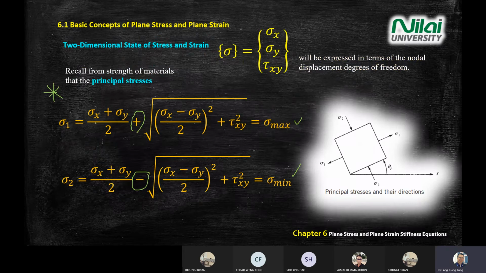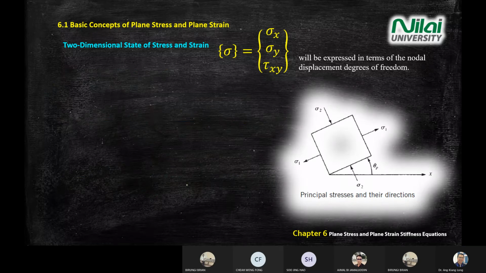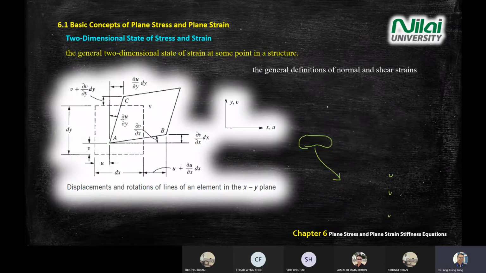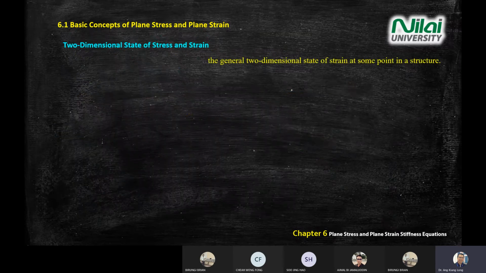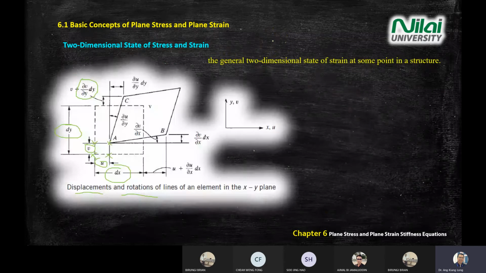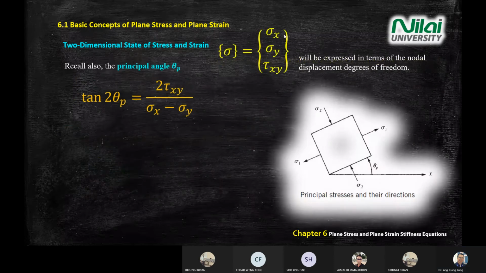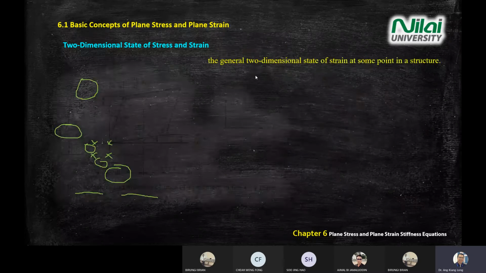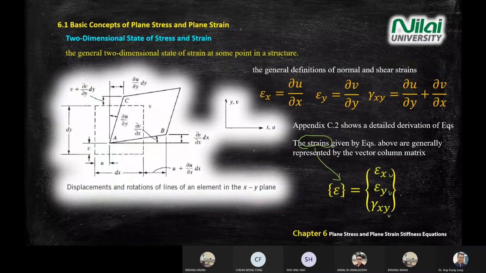You need to recall these two equations: the principal stress equation and the angle. And when you write the matrix, remember we only consider three entities: x, y, and xy. It happens for stress and strain also, the same. This is strain.